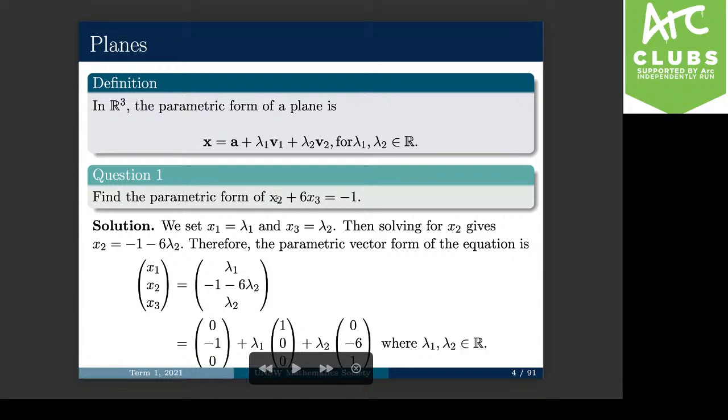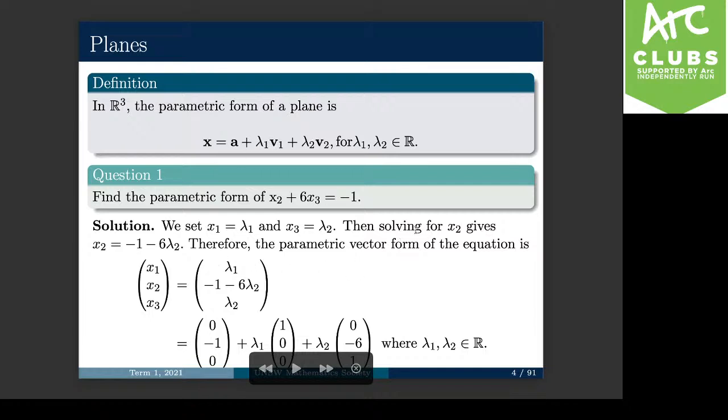So first we let x1 be lambda 1, and then we're trying to find x2 in terms of x3. However, we can't just say x3, right? So we let x3 be lambda 2, and then express x2 in terms of lambda 2. We're just trying to convert everything into the form given in the definition.